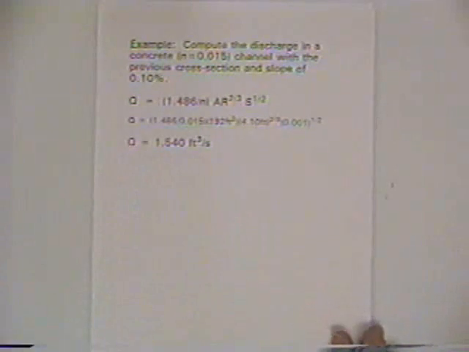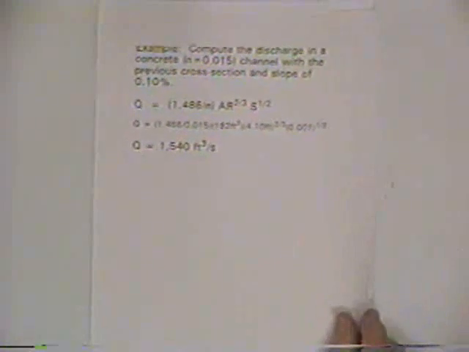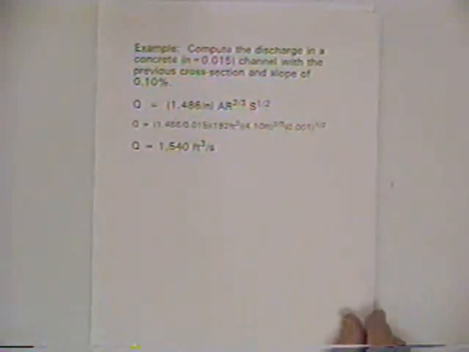Now, that's the easy way to apply the Manning's equation, and that's the way I would anticipate problems being on the exam. The other type of problem, which is just as easy conceptually but takes a little more computation, is this example.